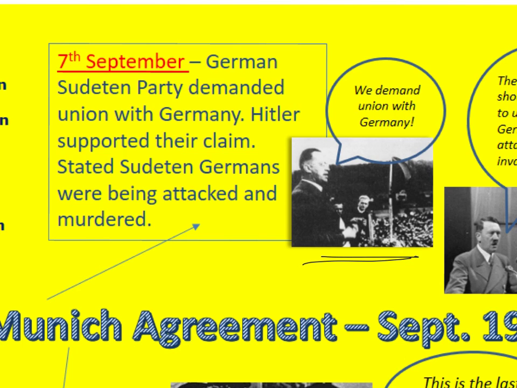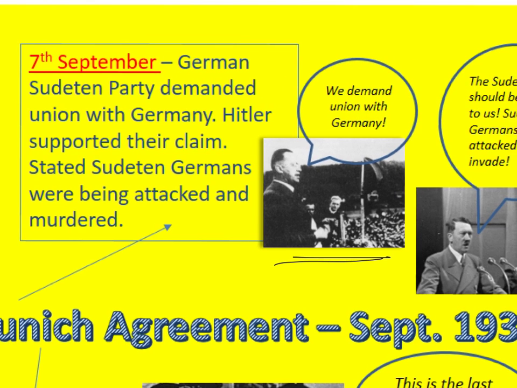Now, remember, the Sudetenland was to the southeast of Germany and was taken off Germany in the terms of the Treaty of Versailles and was given to Czechoslovakia, a brand new formed country after World War I. There were many Germans that still lived in the Sudetenland, and there was a party there made up of Germans, Nazi Germans as well, who demanded that they should be returned to Germany. And of course, Adolf Hitler supported their claim. Remember, one of his aims was for a greater Germany, and his other aim was abolishing the Treaty of Versailles.